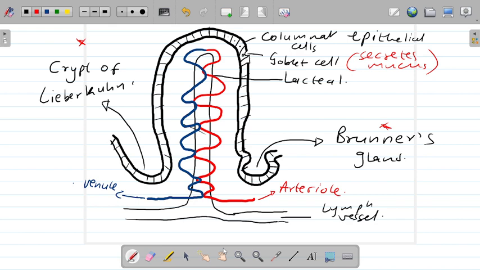Before it gets to its target organ, it will branch into smaller arteries called arterioles. And those arterioles will branch into the smallest and thinnest blood vessels that you find in your body, which are called capillaries. So basically, the blue and the red are your capillaries.